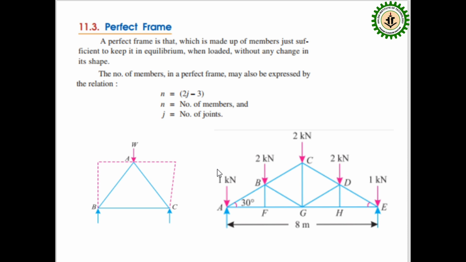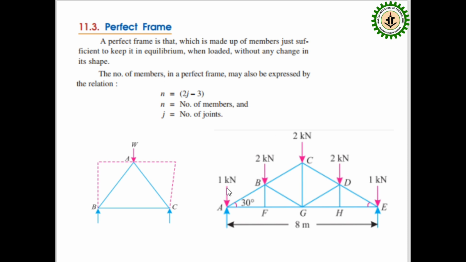So when we analyze the truss structure, we always apply the load at the joints of the truss member, and A and E are the supports of the truss structure, and at a support there should always be a resistance. So at A and E, a resistive force is always applied in each and every type of truss member.